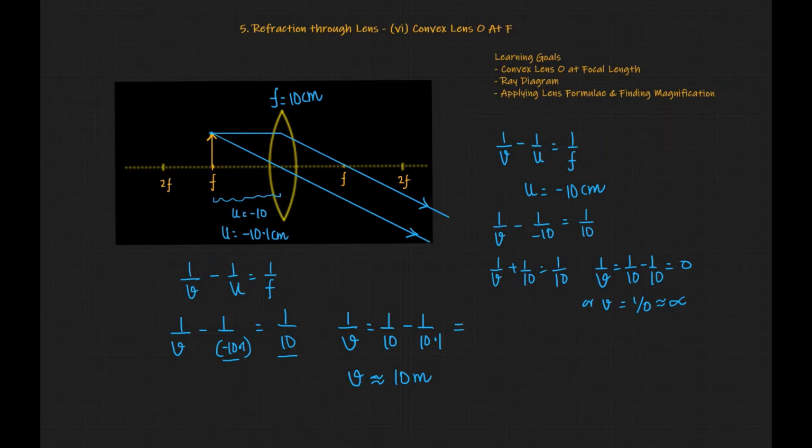So v is 1000 centimeters, or in other words, v is 10 meters. You can calculate this and check for yourself.